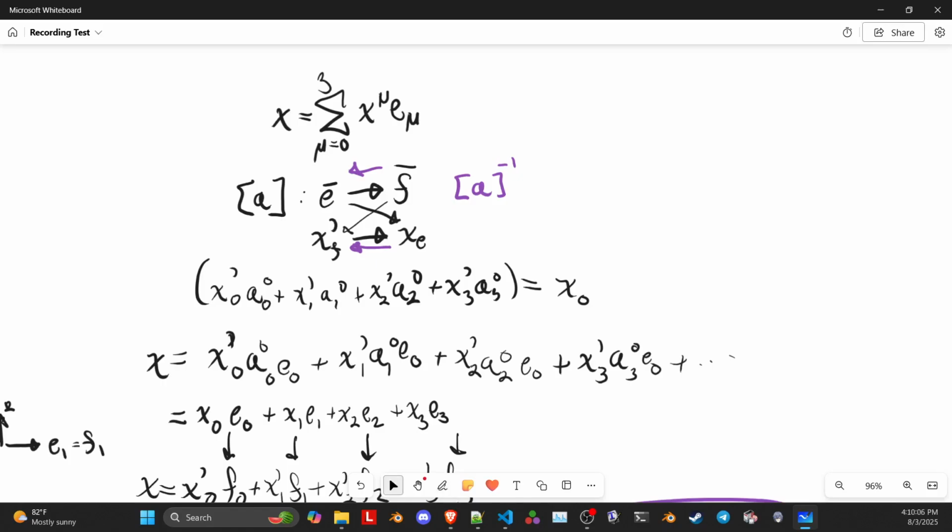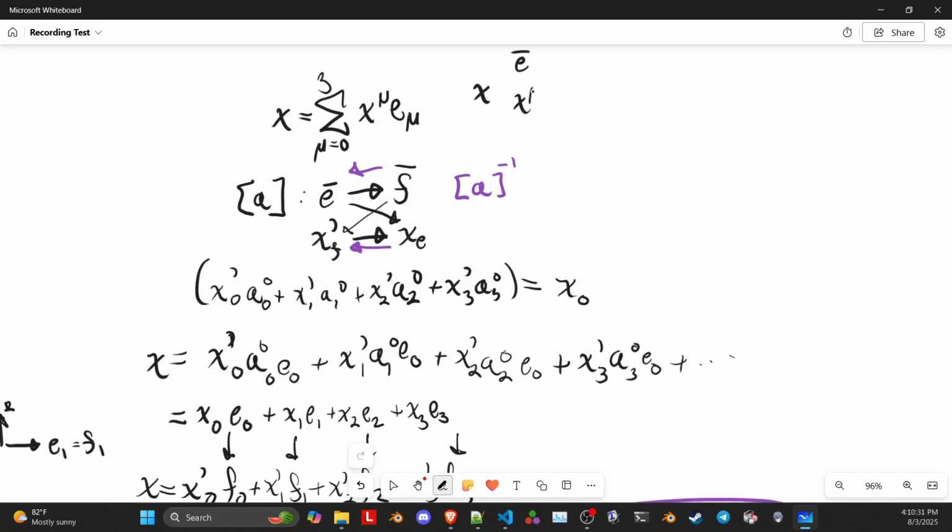And one can re-derive everything we did so far in the summation notation, but it's more compact, and maybe for the first time it's a little more clarifying to see it all written out like this. That X's description in the case of E is just given by the E frame and the X mu components.